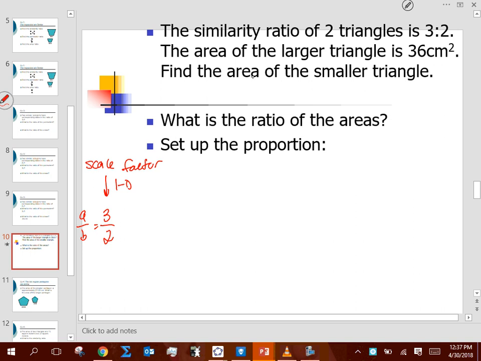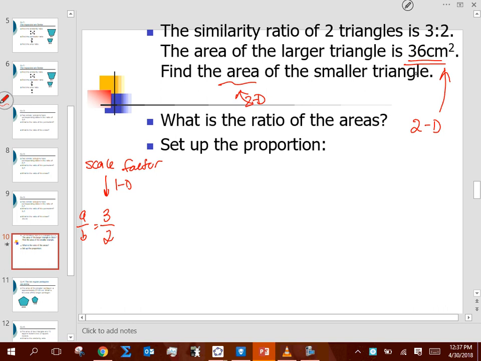Okay? It says the area of the larger figure is 36 centimeters squared. That is a two-dimensional relationship, right? Or two-dimensional concept. So when I want to find the area of the smaller triangle, guys, when that's my goal here, which is a two-dimensional concept again, I cannot use a one-dimensional relationship to do that. Okay?